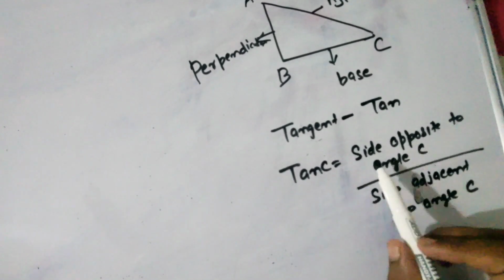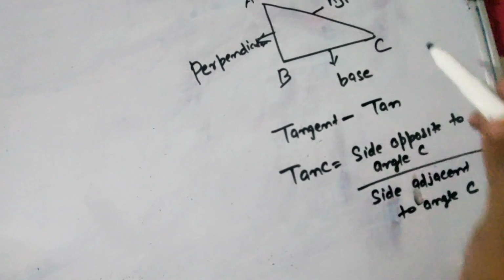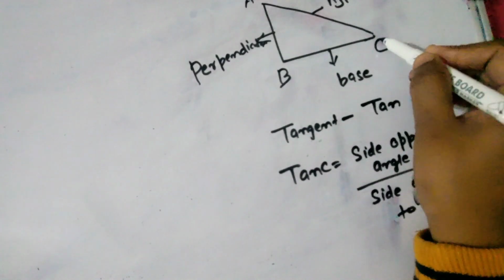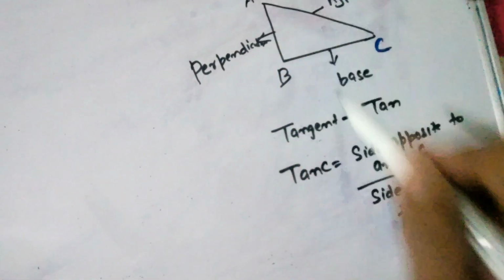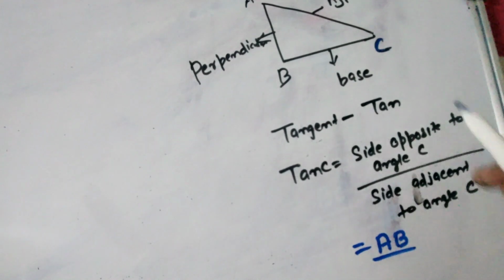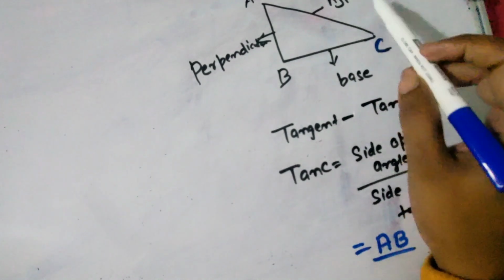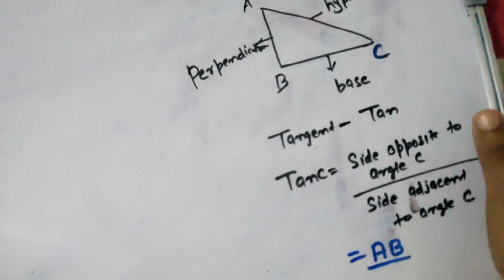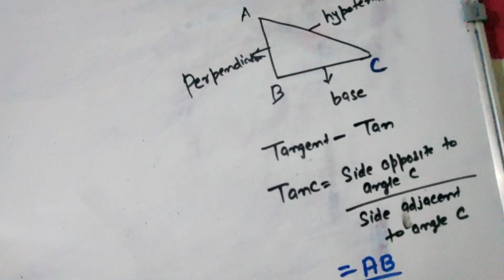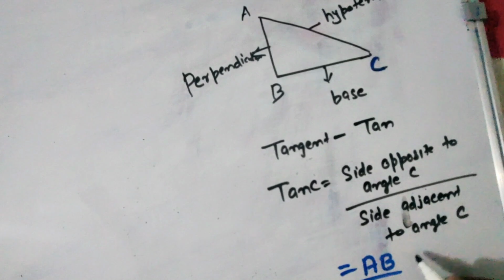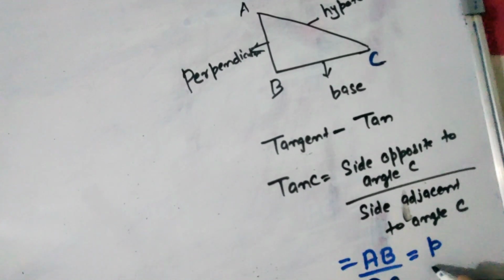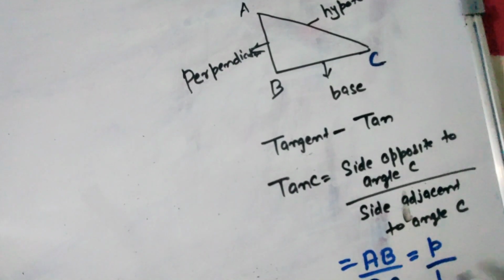Tan C formula is side opposite to angle C. This side opposite for angle C is AB. And the side adjacent to angle C, what adjacent? Two adjacent, base and hypotenuse. But I take only one adjacent because this is the hypotenuse. Then BC. AB is what? Perpendicular. And BC is what? Base.